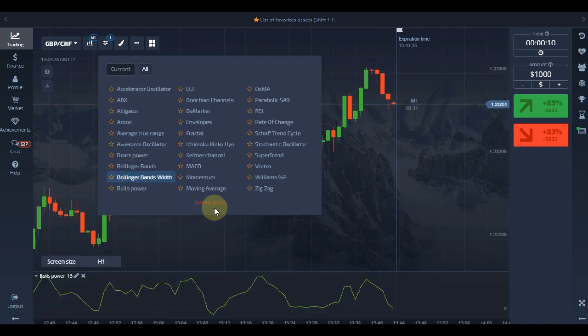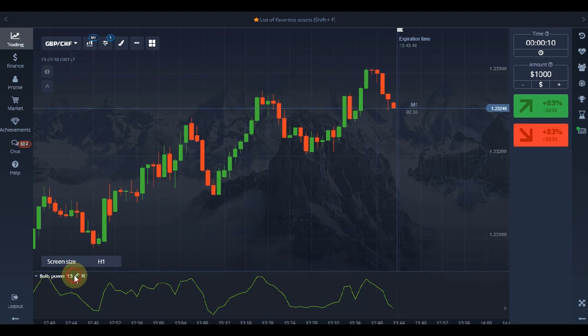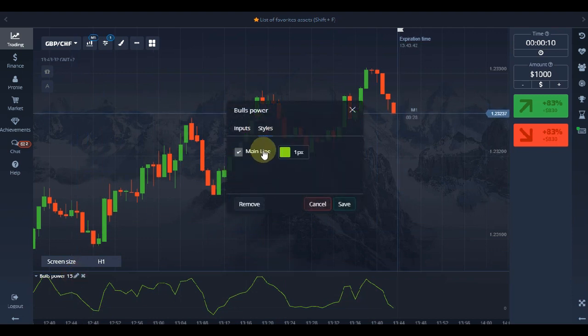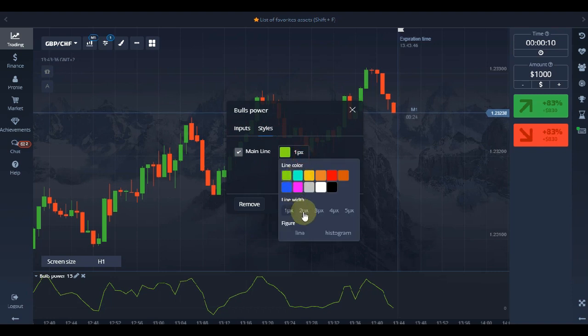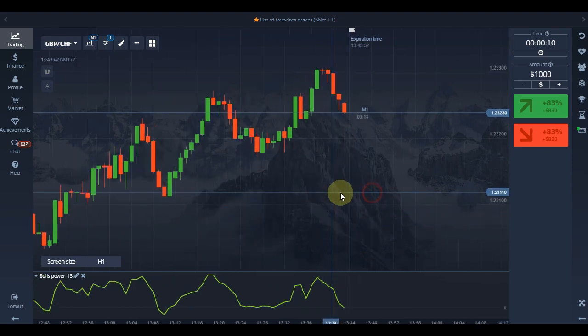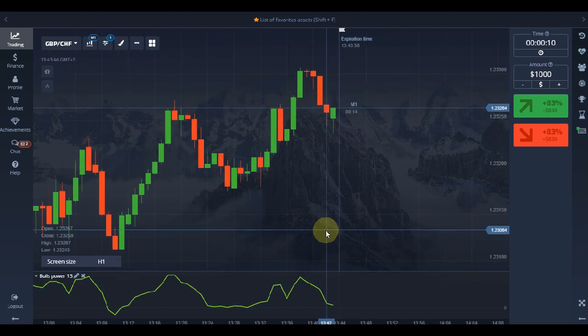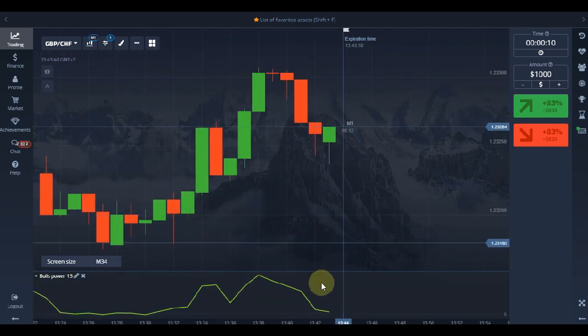Bull's power for the 10-second strategy. Its style is by default setting. Style I am changing to 2 pixels for clear highlight.